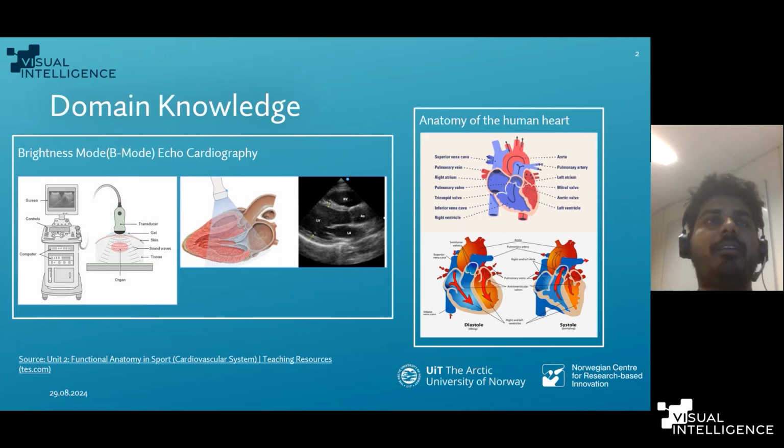A little bit about the domain knowledge first, for the people who haven't seen this kind of echocardiography data. Echocardiography is like ultrasound images.